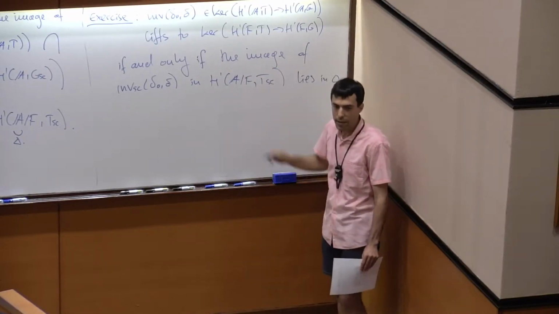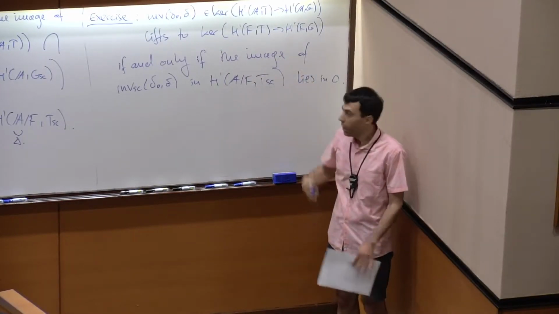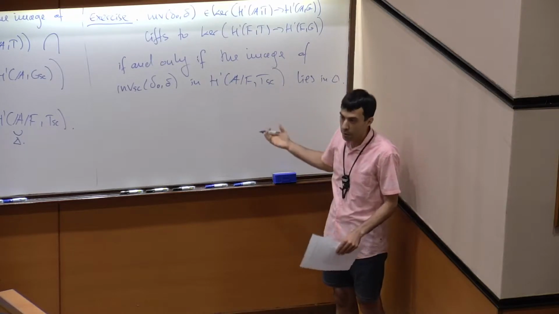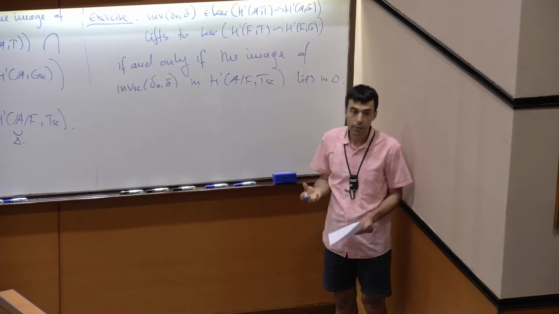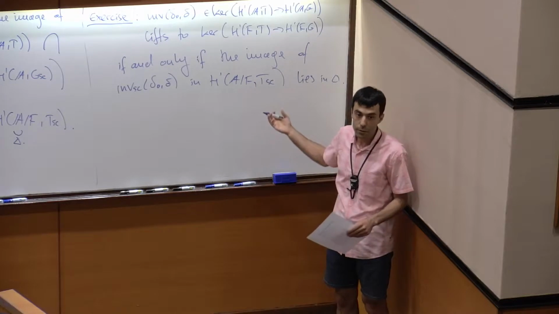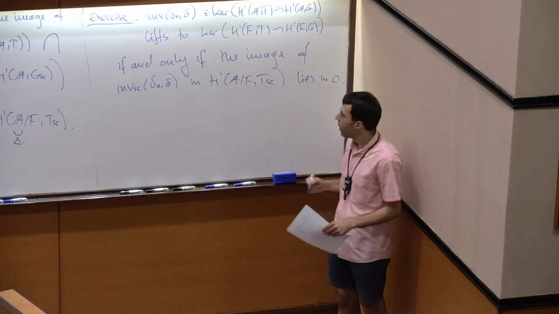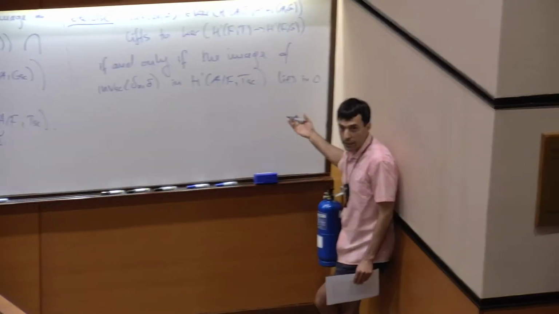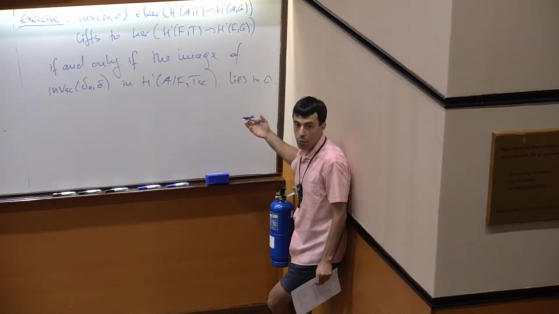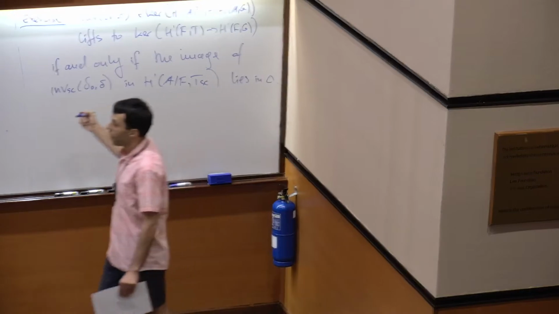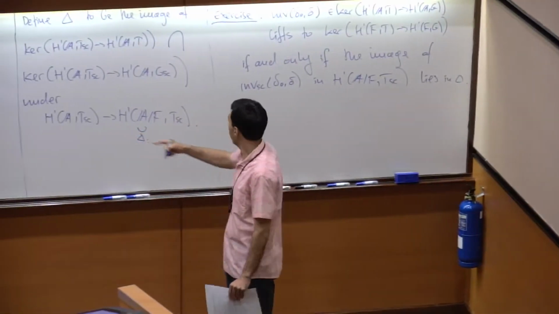Okay, I realize that I've written this pretty quickly, and you're looking at this and you're saying, what the hell is going on? But actually, it's an elementary calculation that I'm going to leave as an exercise for you. It's just simple diagram chasing in Galois cohomology. But if you believe this exercise, then now you know what the correct definition of the group C is that we want.